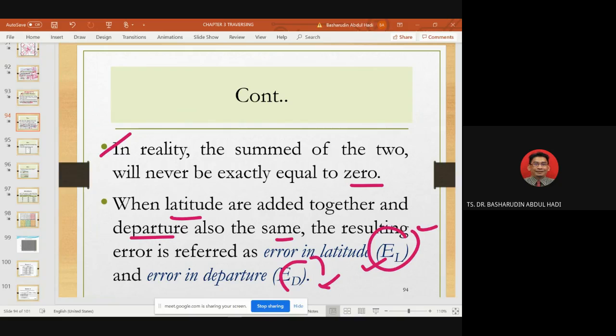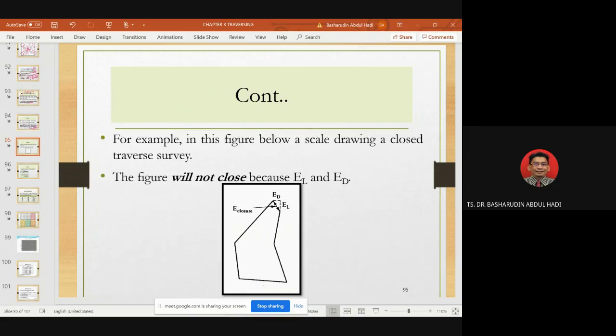E is error, L is latitude, D is departure. Right? So like slide 95. After we do the survey, sometimes you have error at the last part. So we call it error of closure.